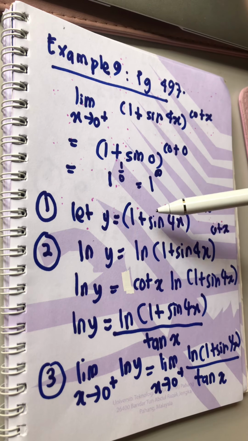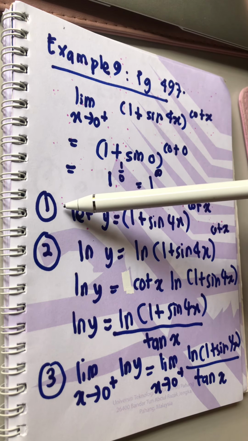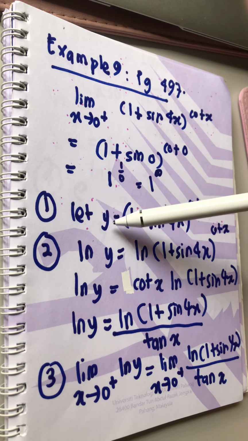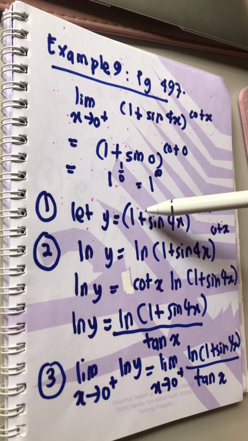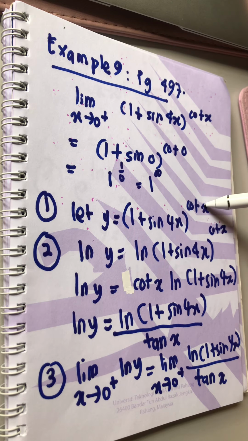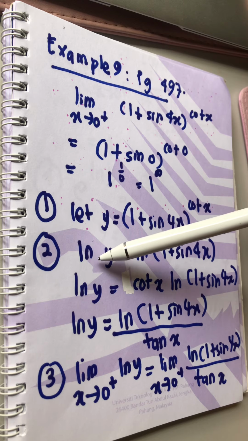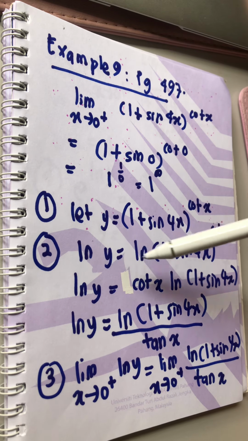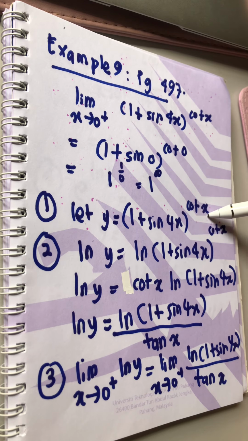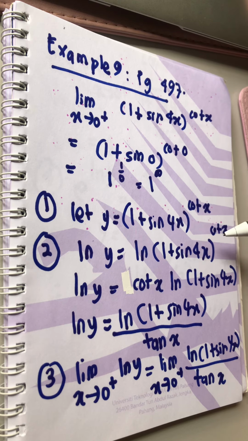So you have 4 steps to solve these questions. First, you need to let y equal the function, so (1 plus sine 4x) to the power of cotangent x. And then step number 2, you need to put ln on both sides, so ln y is equal to ln of the function, so ln of (1 plus sine 4x) to the power of cotangent x.